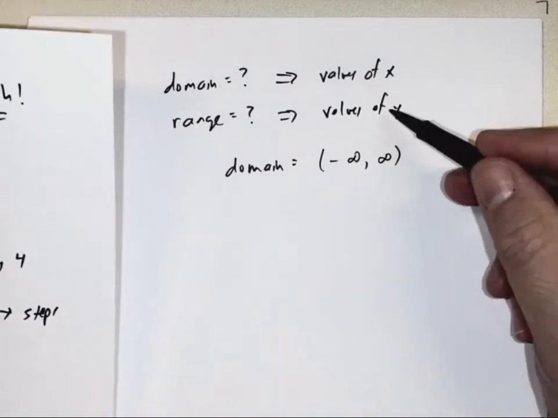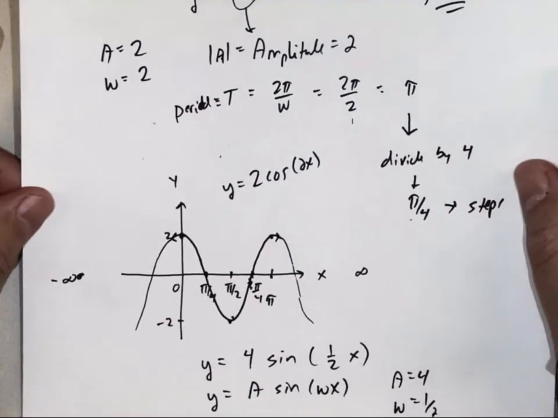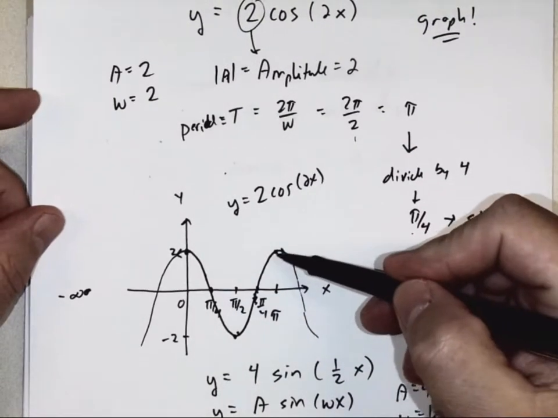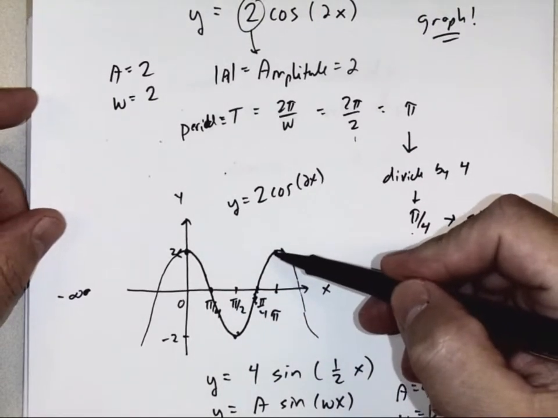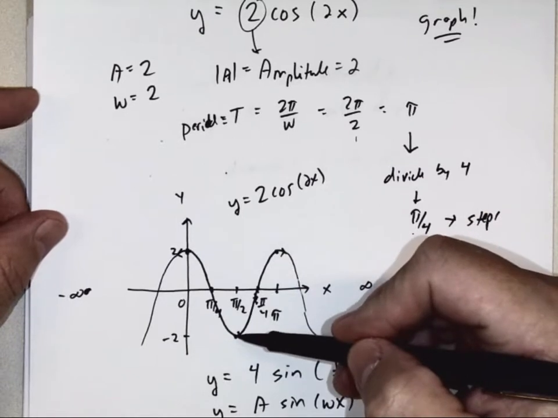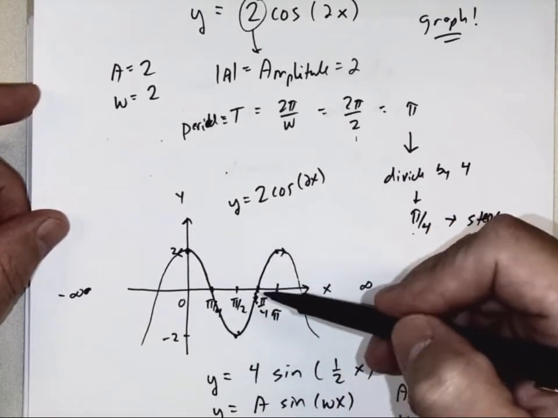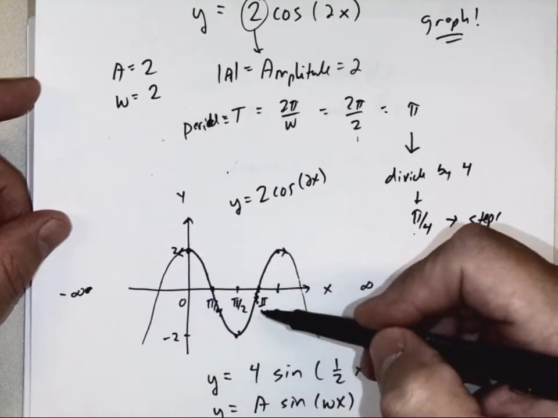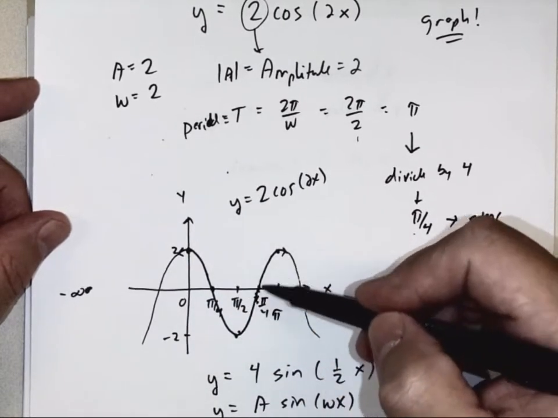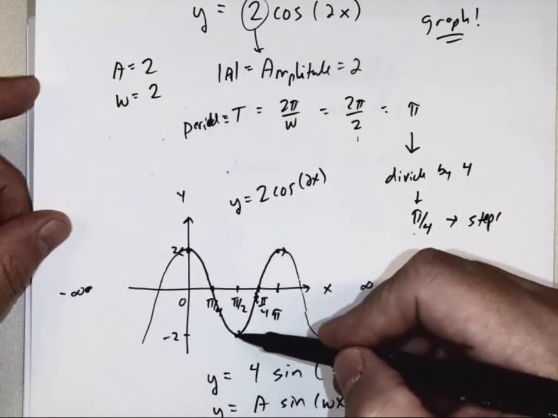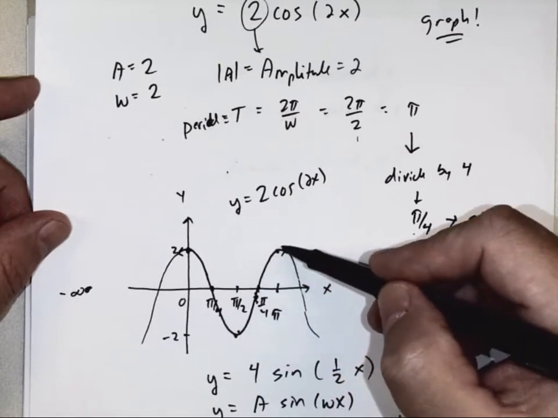How about the range? The range is up and down. The idea is what's the highest point this graph goes to, and what's the lowest point? You actually start with the lowest, because you go from low to high. So you look at this graph. What's the lowest point that this graph gets to? Well, the farthest down it goes is -2. And then what's the highest it ever gets to?